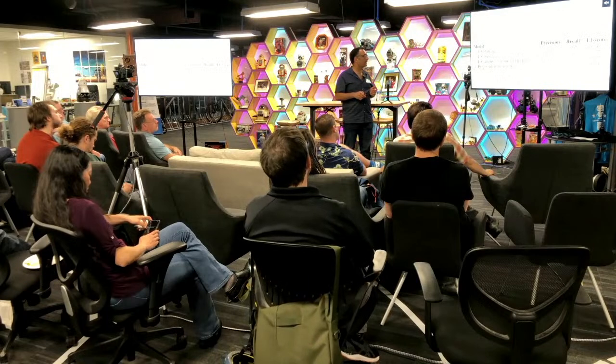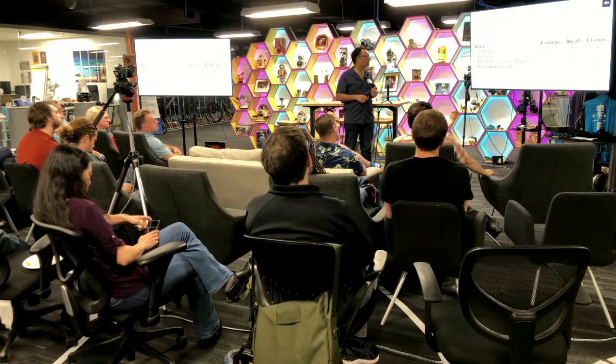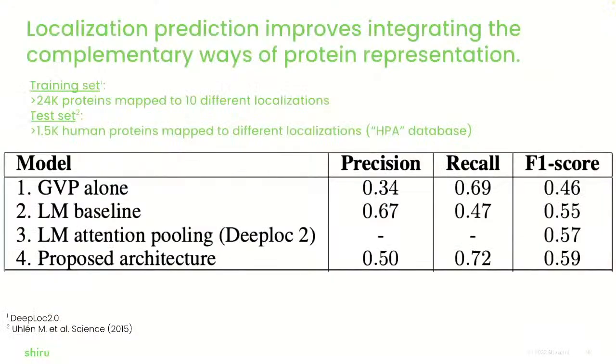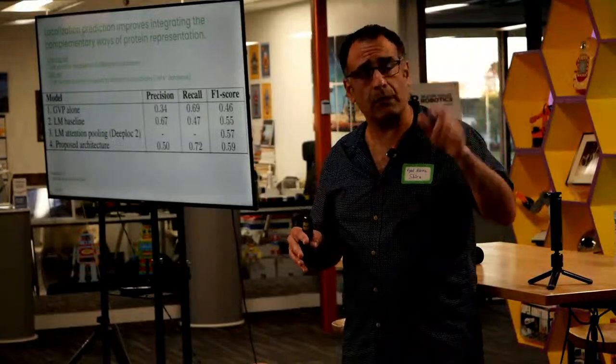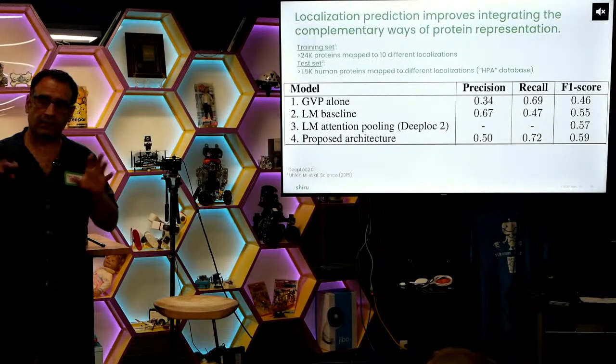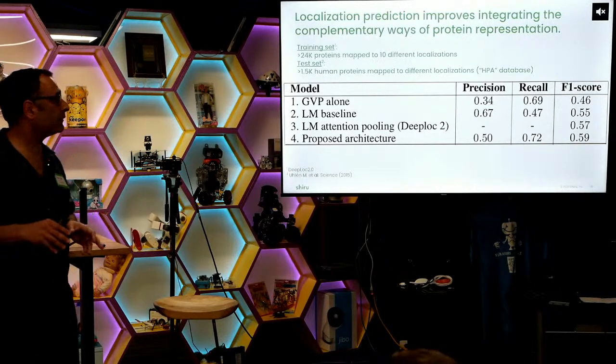When you look at the results, we tested the prediction on a test set. We were based on DeepLoc, which is the biggest database of protein localization, and tested it on human proteins, which is a separate database that also has localization signals. So this is data that the algorithm did not see before.